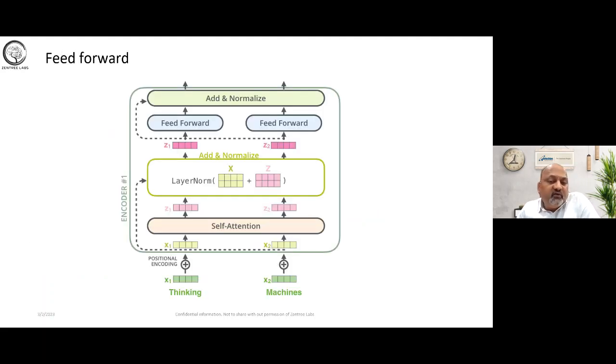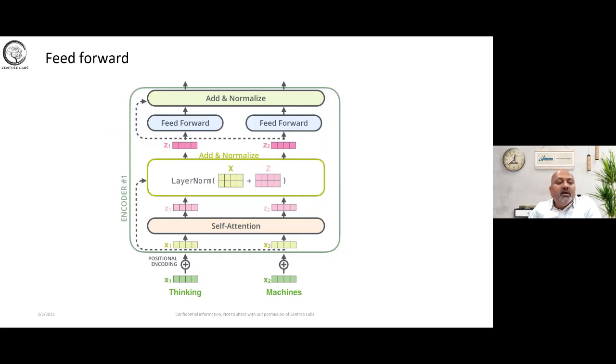When it comes to the feed forward, it looks something like this. Now I have thinking and machines, X1 and X2. And now we have the positional encodings as we discussed. After adding the positional information, I got a new X1 and X2. They are passed to the self-attention model that we have discussed so far. Now I got Z1 and Z2, two vectors out of it. Z1 is a representative of X1 and Z2 is a representative of X2.